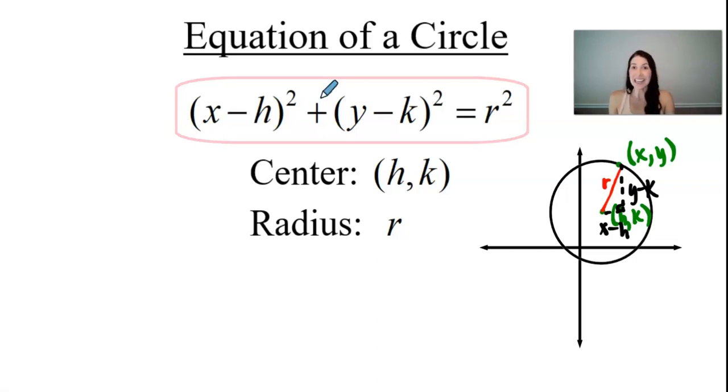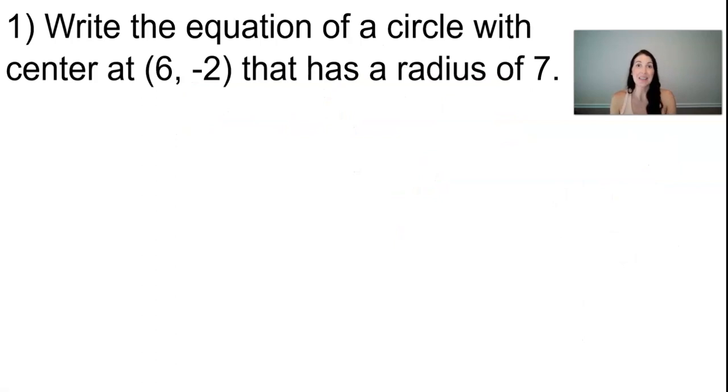Let's take a look at an example that you would use the equation of a circle. This example says, write the equation of a circle with center at (6, −2) that has a radius of 7. Now remember, for the center, we always label that as (h, k), and the radius is our value of r.